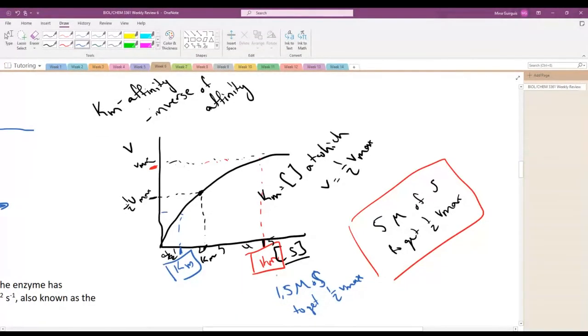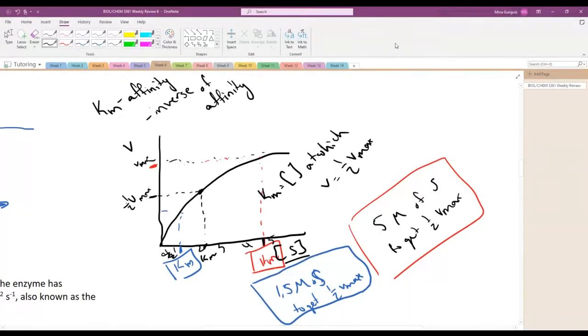So what this is telling us is, if we think about this in terms of what's happening.